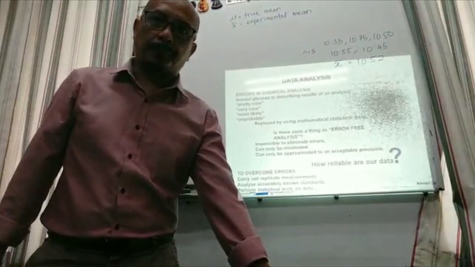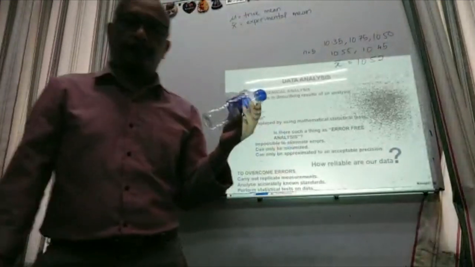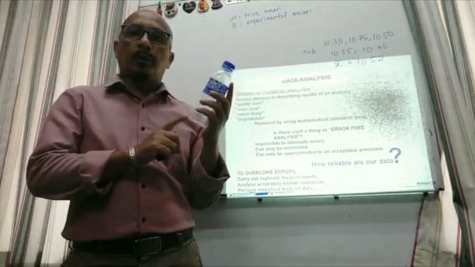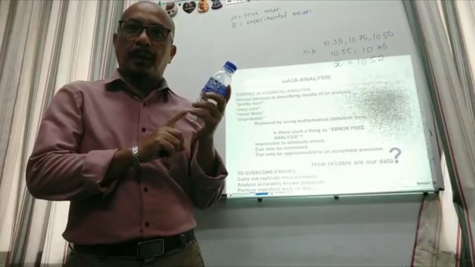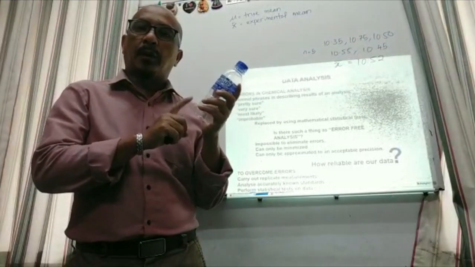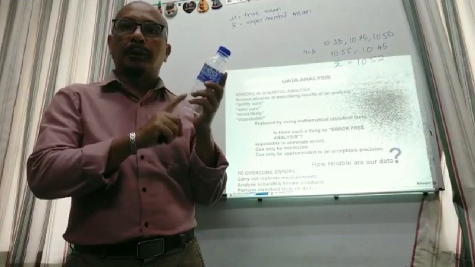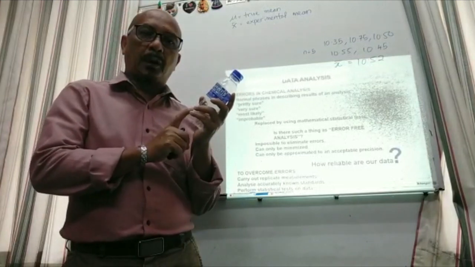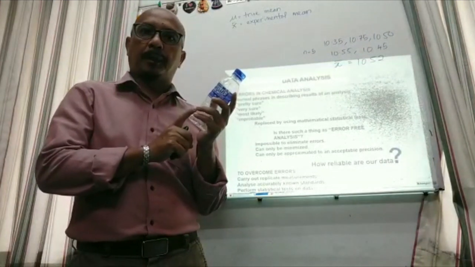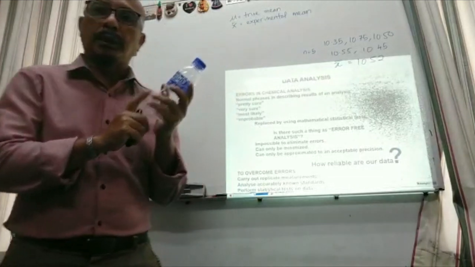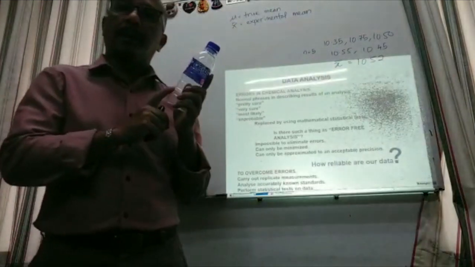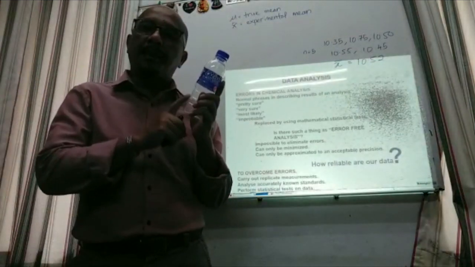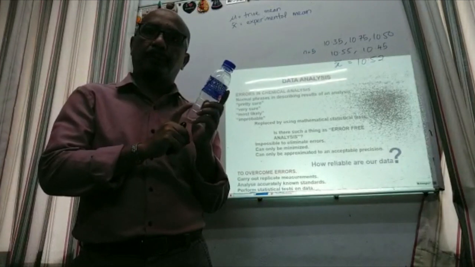Today I'm going to make a revision on data statistic analysis. Let's say you have a sample and you need to measure the concentration of the analyte in this water sample. Before you do the experiment, do you know the exact value of that analyte in this sample?